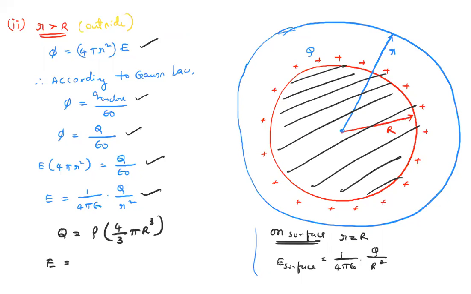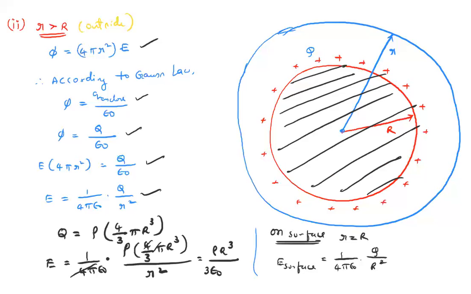Therefore, electric field intensity is 1 by 4 pi epsilon naught times rho times 4 by 3 pi R cube divided by r squared. The 4 pi gets cancelled, so E is rho capital R cube by 3 epsilon naught times r squared.